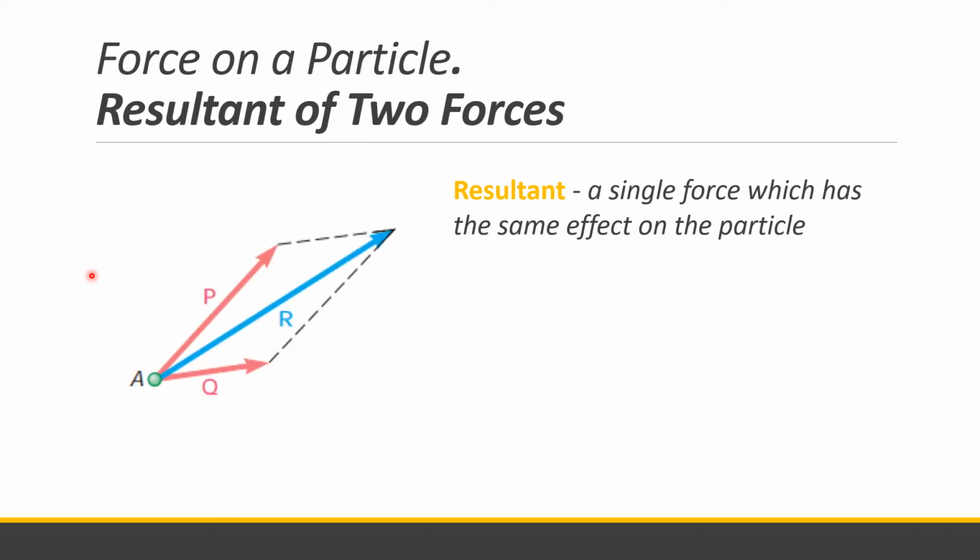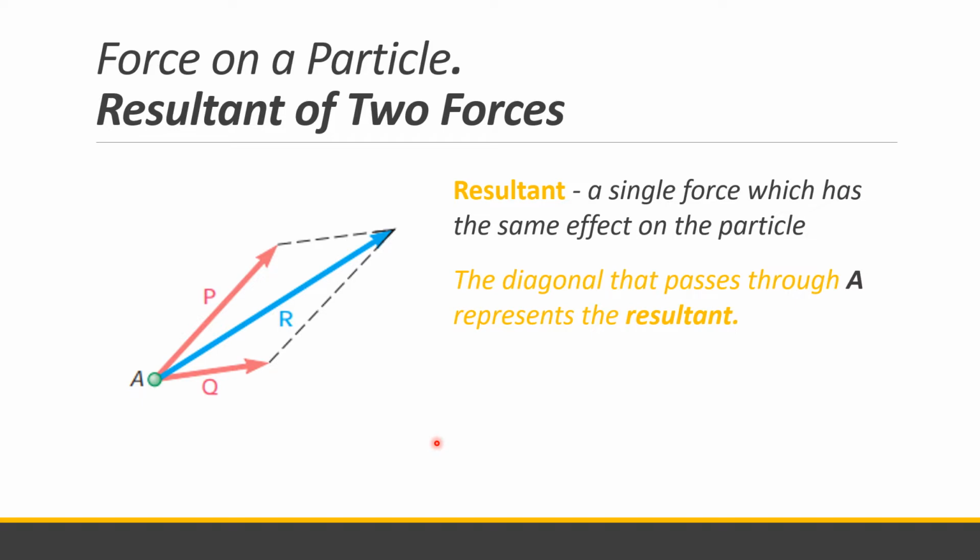You can obtain the resultant by constructing a parallelogram using P and Q as two adjacent sides of the parallelogram. So Q here and equivalent length ng Q dito and also yung P. So this makes a parallelogram. So the diagonal that passes through A represents the resultant.